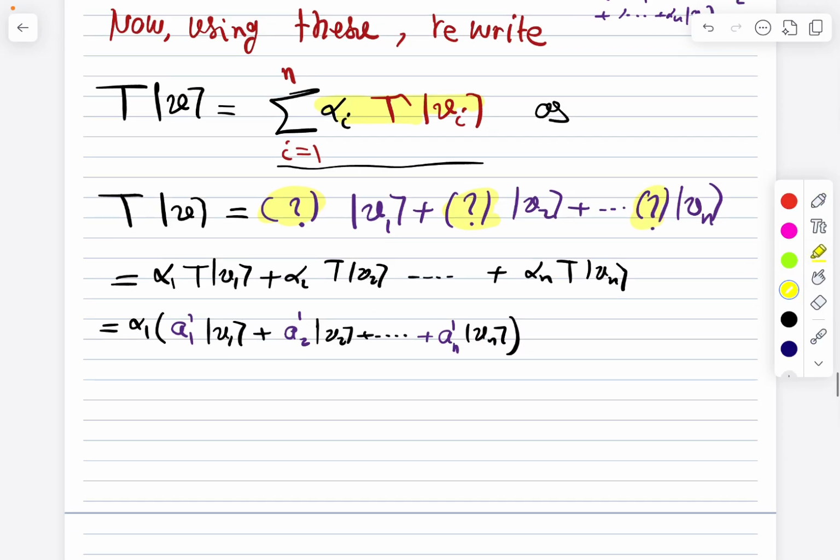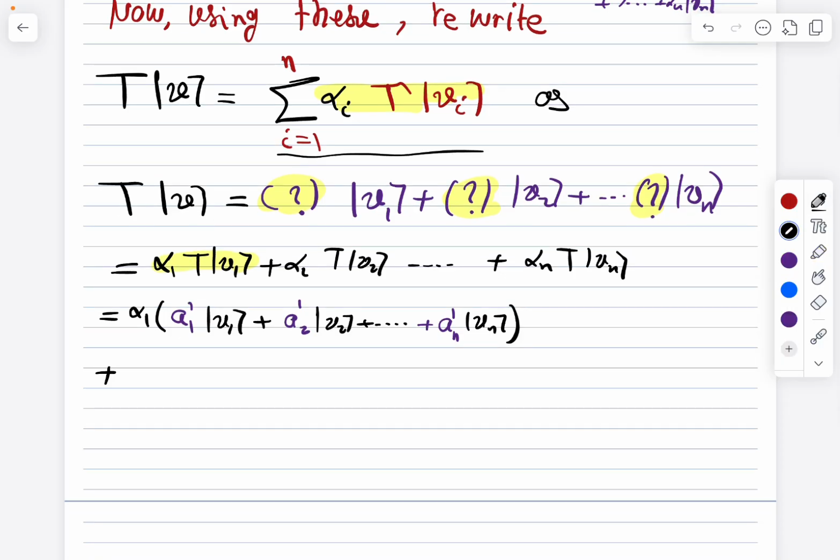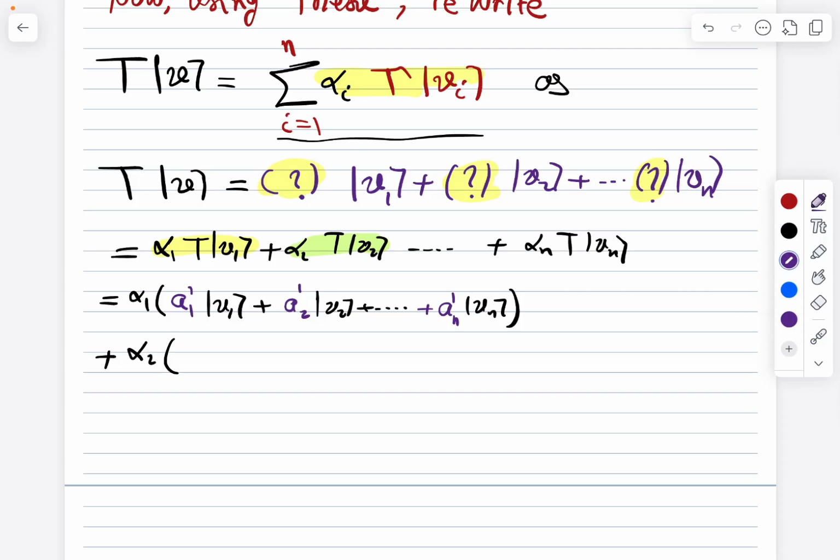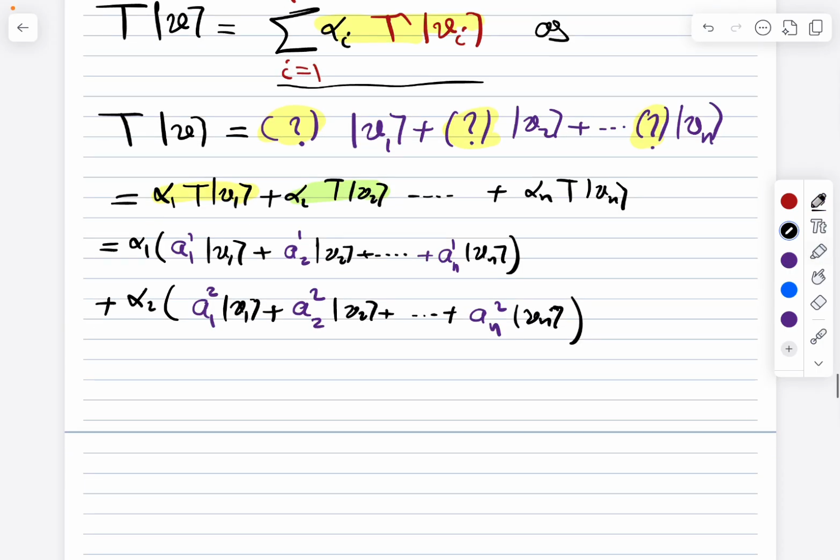We are just expanding this. Now we add plus the expansion of the second term, so we have alpha 2, and then we have the first component, but now we are dealing with the second vector, a1 2 v1 plus a2 2 v2 plus, until we reach the nth one for the second vector, vn, and we close the bracket. Now we do the same thing until we reach the last one. So this is for the second, this is for the first, and when we reach the last one, this one.